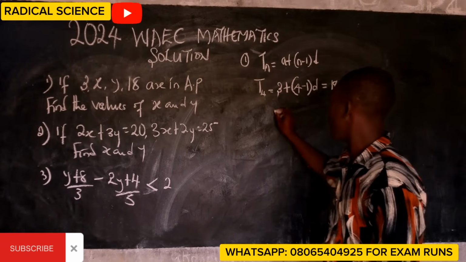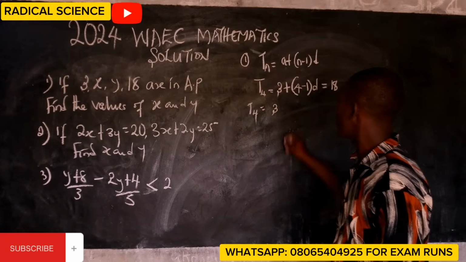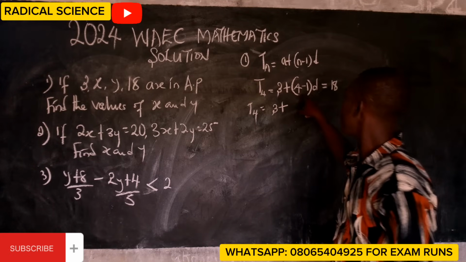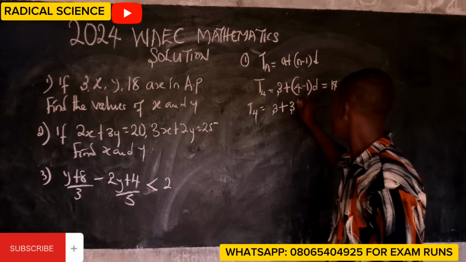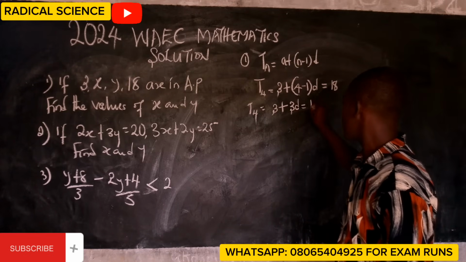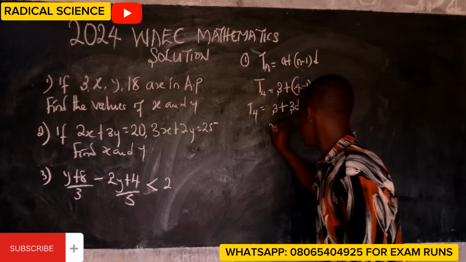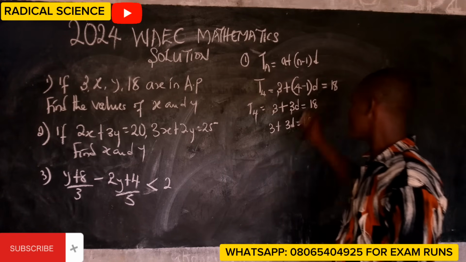Let's go as we solve. I have t4 equals 3 plus (4 minus 1), which is 3, multiplied by d, so I will have 3d equals what? 18. What I will now have is 3 plus 3d equals 18.